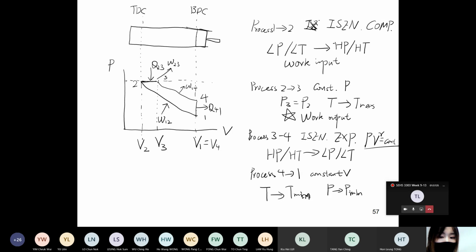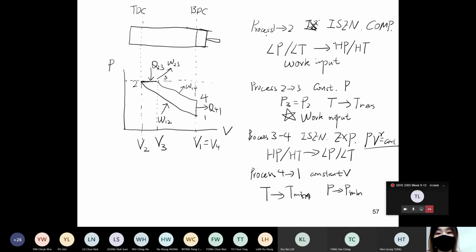That's the process of 1 to 2, 2 to 3, 3 to 4, and 4 to 1. The 4 non-flow processes. Guys, you should know how to draw this kind of PV diagram, okay? And you should keep those relationships in your mind.